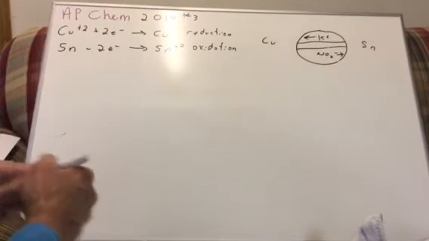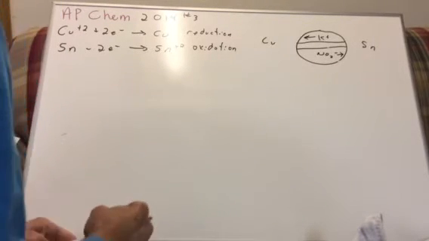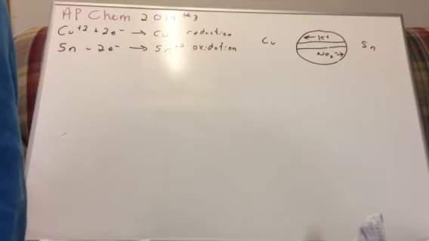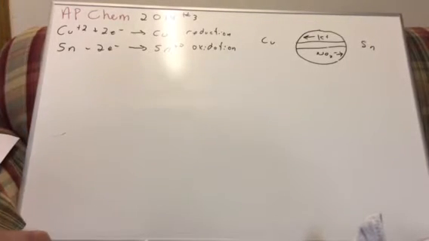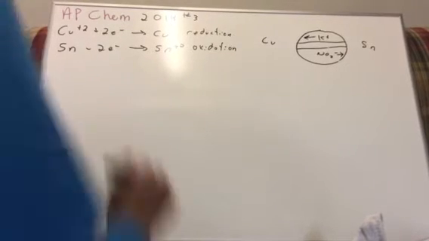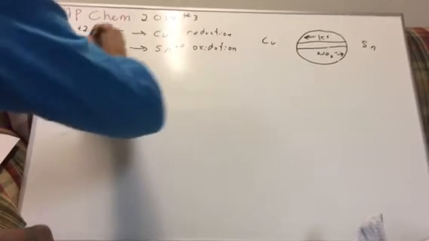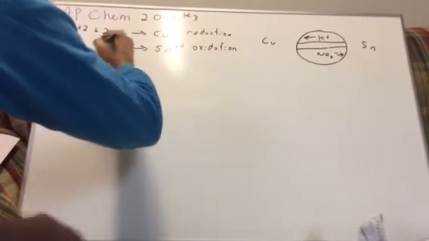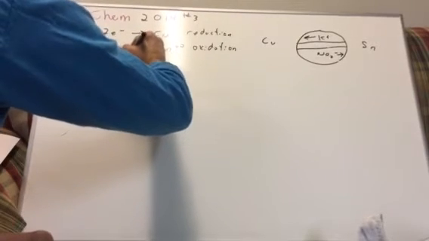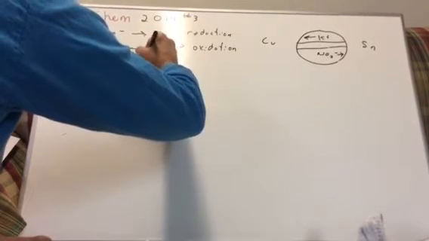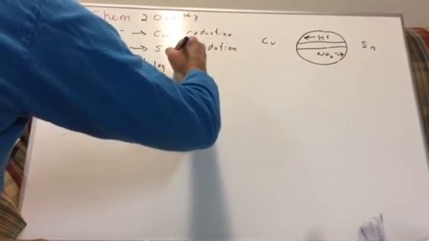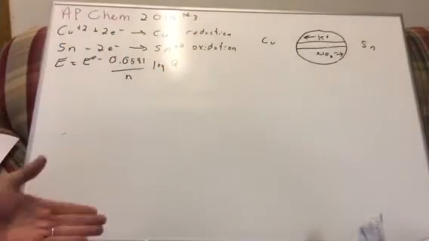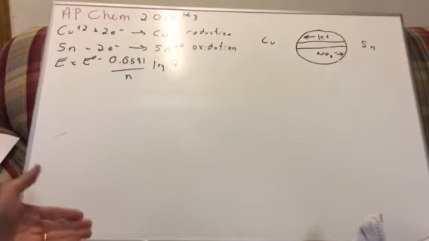Okay, in D, a non-standard cell is made by replacing the 1 molar solutions of the standard cell with 0.5 molar solutions. The volume of the solutions are identical. Is the cell potential of the non-standard cell greater than, less than, or equal to the cell potential of the standard cell? Well, you know from our Nernst equation that E equals E standard minus 0.0591 over n times the log of Q. In this case, the ratio is the same.